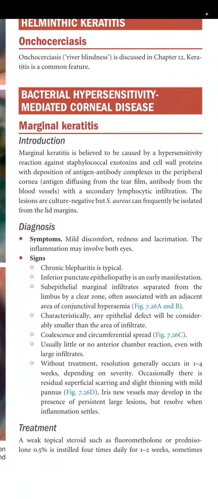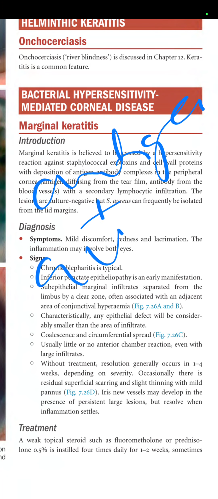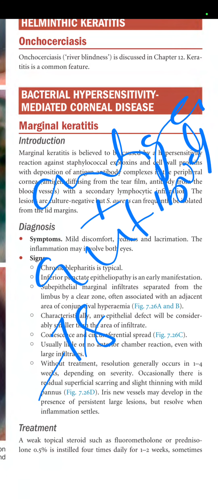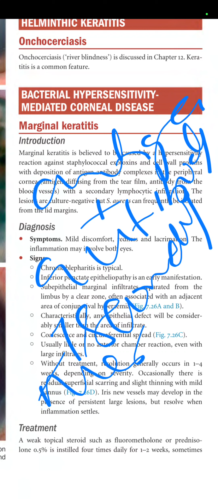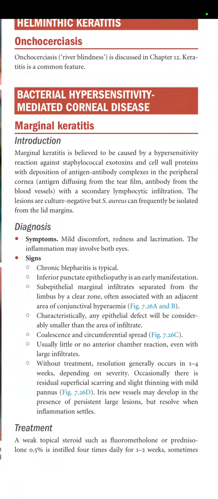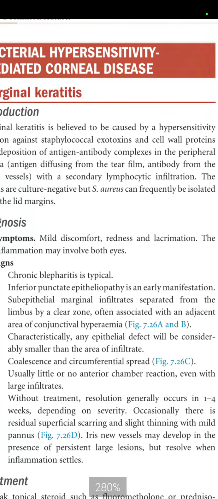And what happens is when there is an antigen, these antigen antibody complexes become deposited in the corneal periphery, and when this is deposited there is a secondary lymphocytic infiltration with it, which causes the marginal keratitis. The lesion itself is culture negative for Staph aureus, but the lid margin does have the Staph aureus in it. So how is the diagnosis made?